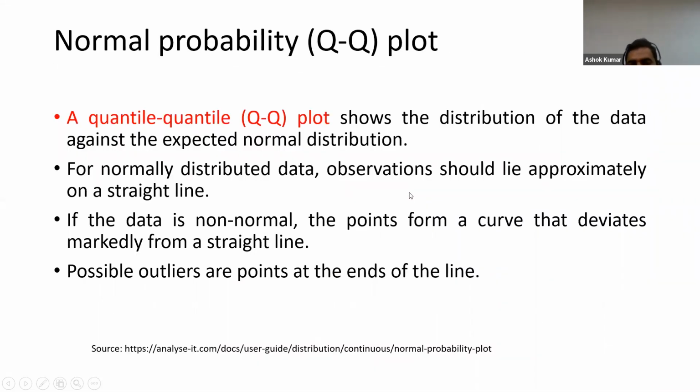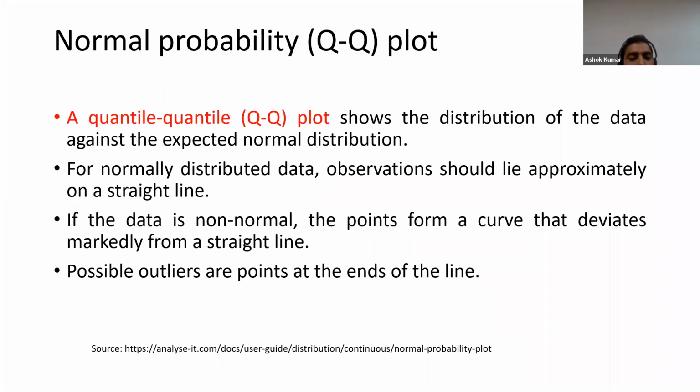Now second, the normal probability or QQ plot. A QQ plot, also known as a quantile plot, shows the distribution of quantitative, continuous data, not categorical or qualitative data, against the expected normal distribution.